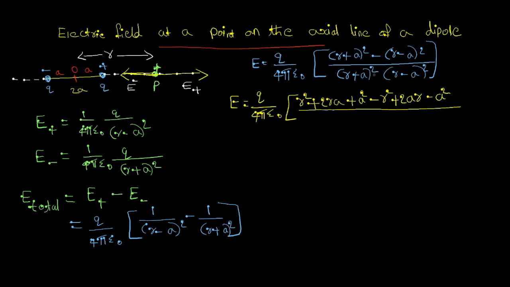This is in the form of (a plus b) into (a minus b), so (r plus a) into (r minus a). We can write a plus b into a minus b as a square minus b square. So (r plus a) into (r minus a) we can write as r square minus a square, and give this square also.